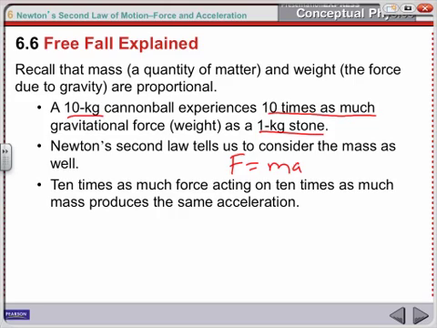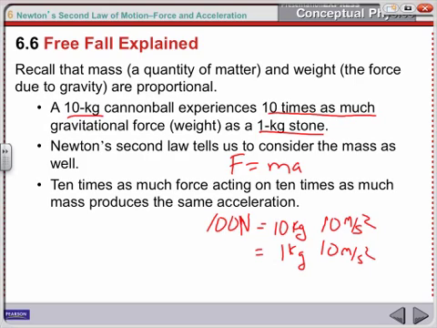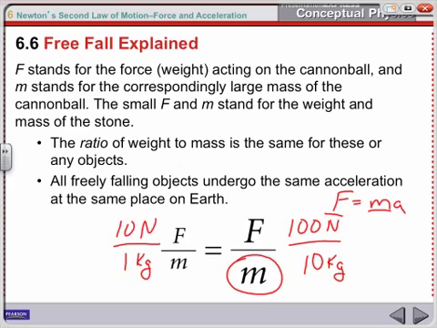So if I put in 10 kilograms, 10 meters per second squared for acceleration in that first one, I'm going to get 100 for my force in newtons. And the other one, 1 kilogram, 10 meters per second squared, 10 newtons. So it would look like, oh yeah, it's going to fall a whole lot faster. You got 10 times the force making this thing move.